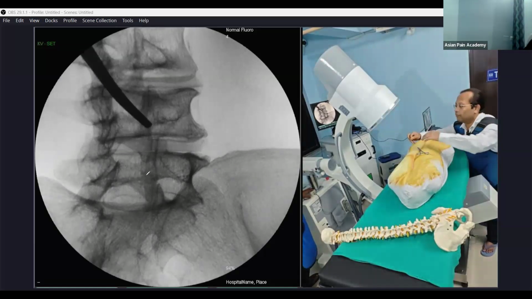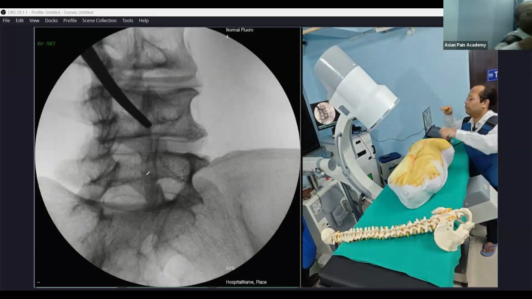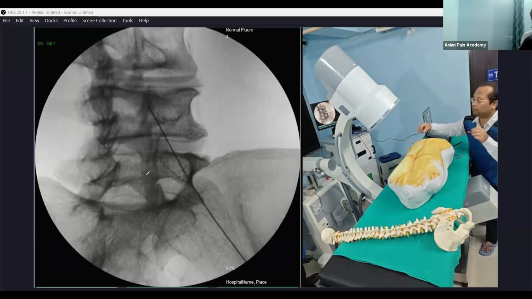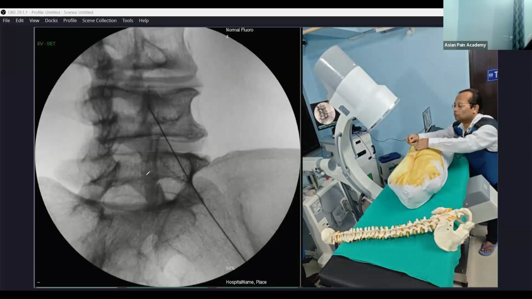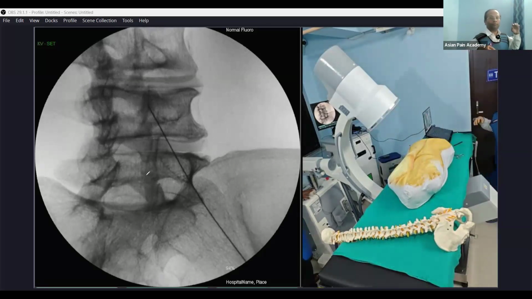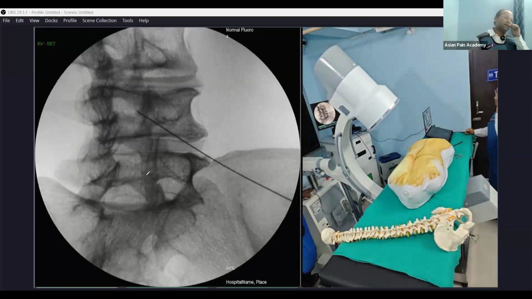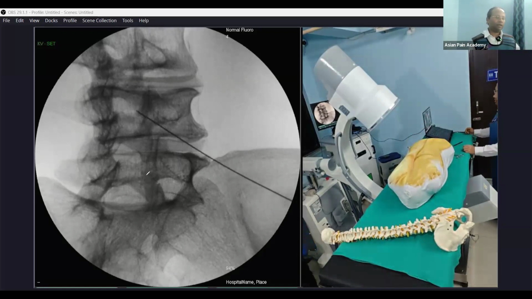More or less a bit this way. So this is the path of the nerve.